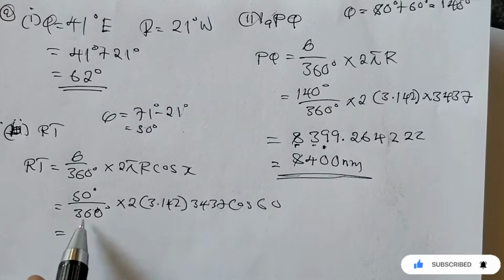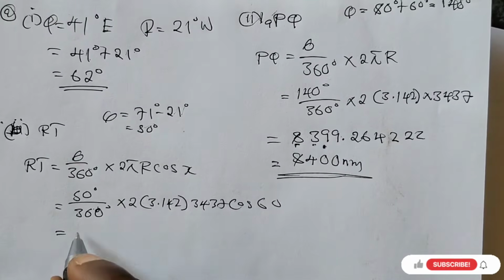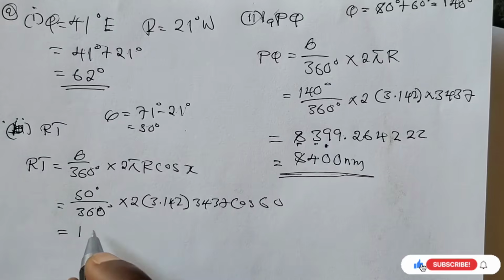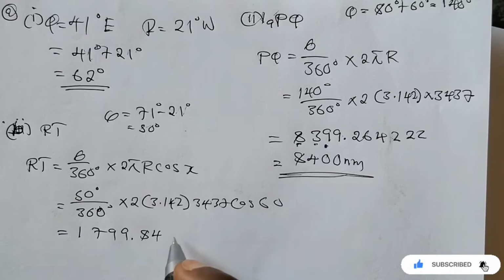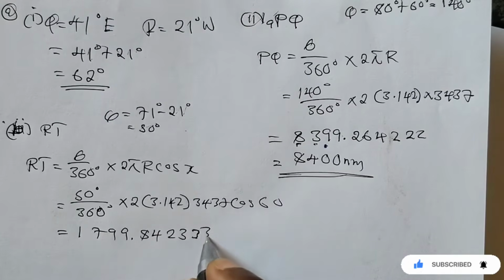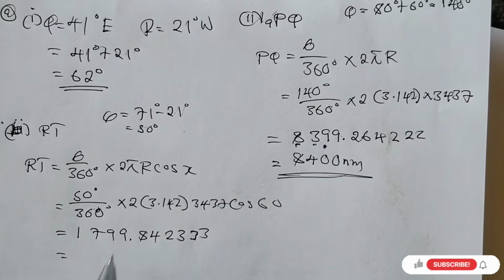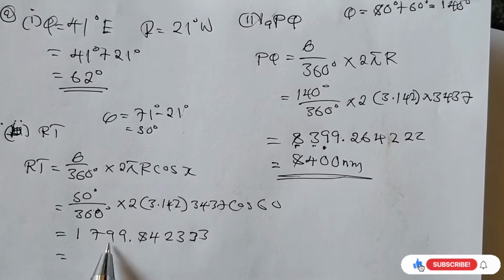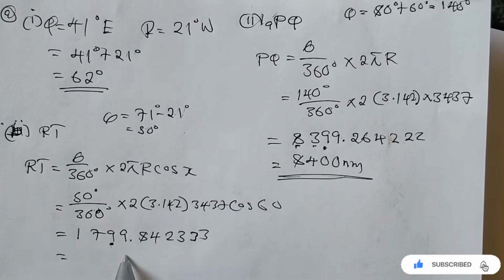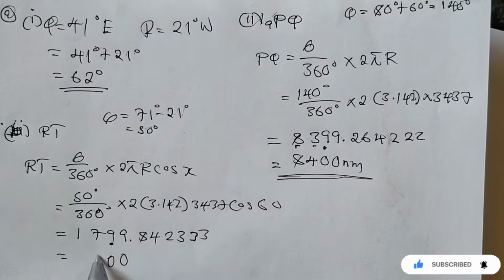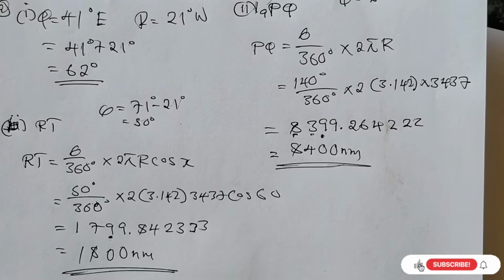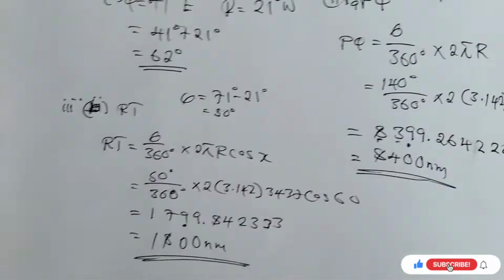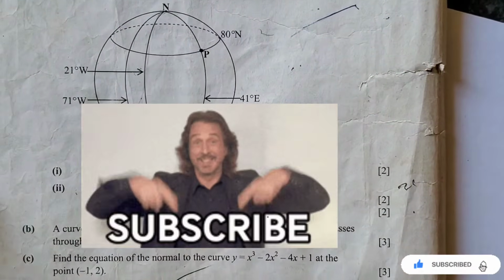So now what's the answer? 1799.842333. Am I right? Rounding this off to three significant figures, this is the third significant figure. So this one we're going to add 1, this one becomes 0, this one becomes 10 also, then this one becomes 8. So 1,800 nautical miles.